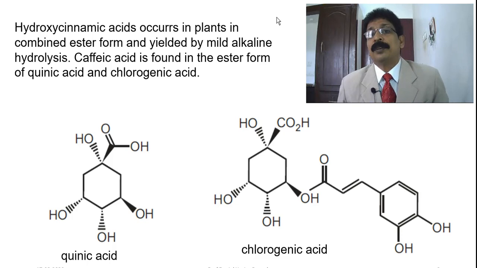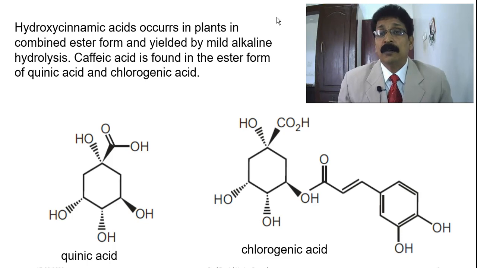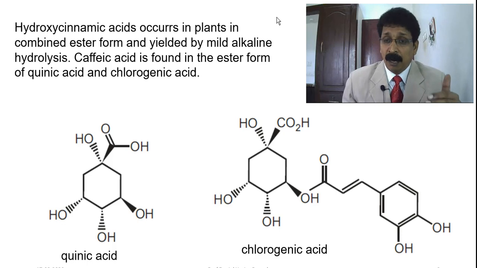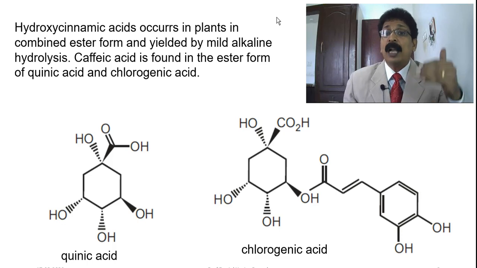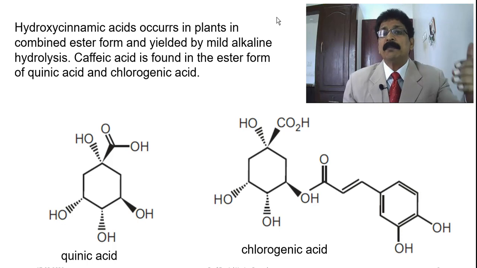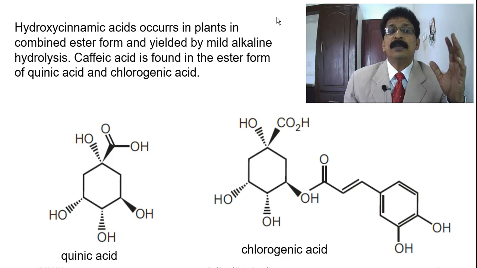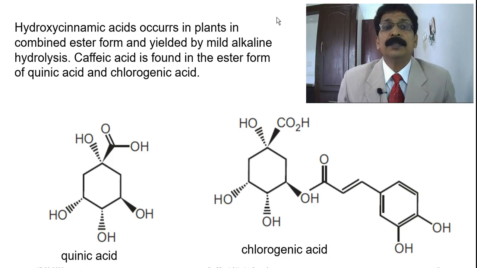When you know the basics thoroughly, not by mugging up, you can come to advanced pharmaceutical, pharmacognosy or medicinal chemistry. Then getting into this type of advanced chemistry will be easy for you.